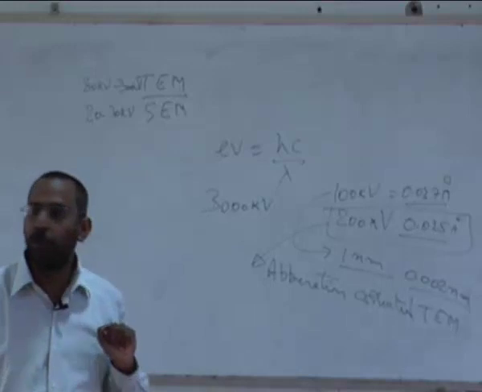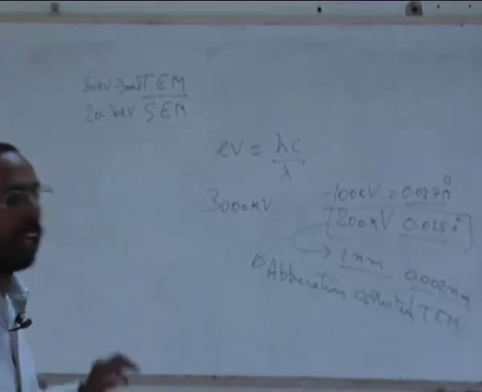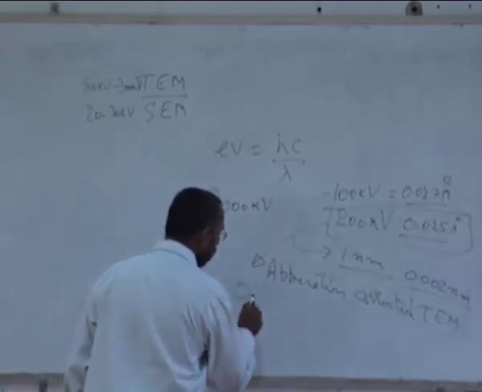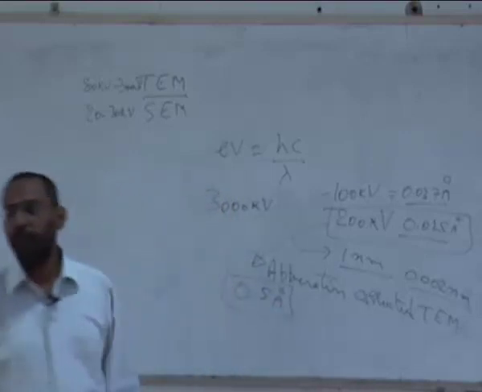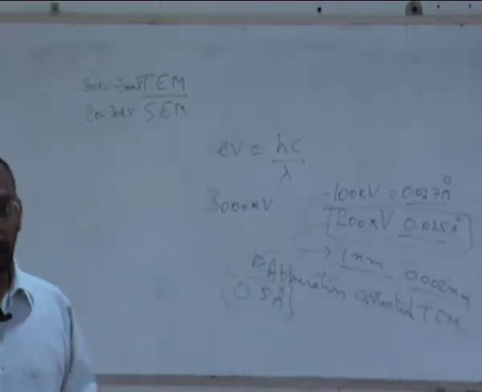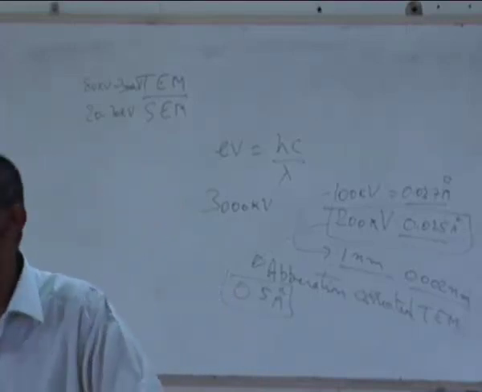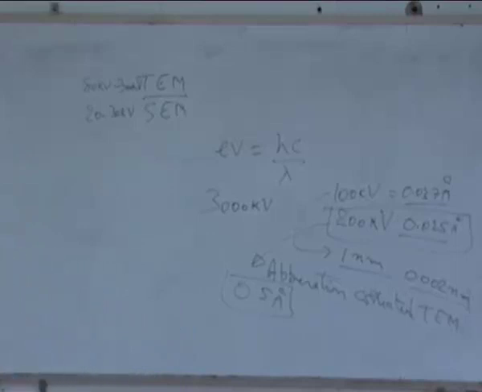I would not go into the details of that, but one can do the corrections, and with those corrections, people are able to achieve about 0.5 angstroms as the best resolution. This has been demonstrated by now, and there are microscopes available in this world which will give you that kind of resolution.